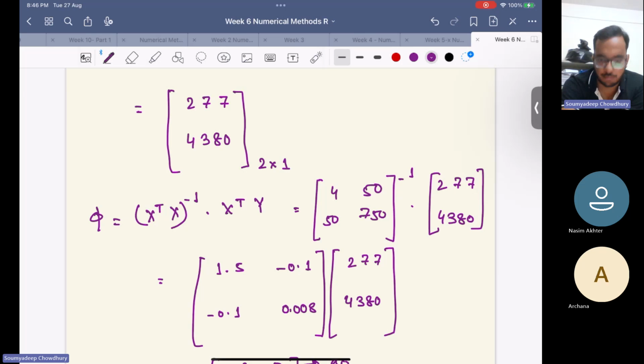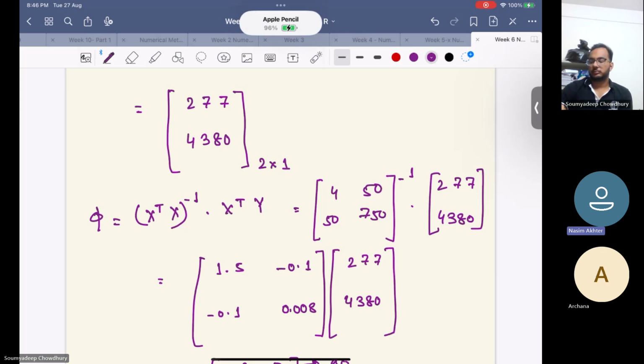This is a good question. You tell me what you have not understood. Basically, two models they are asking you to fit. In the first model, x is the dependent variable and y is the independent variable, and in the second they are telling the reverse.